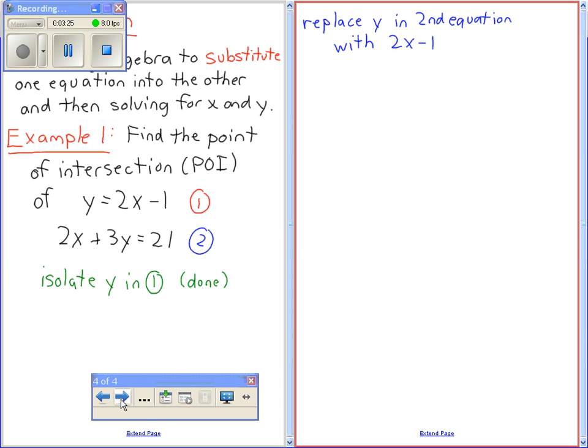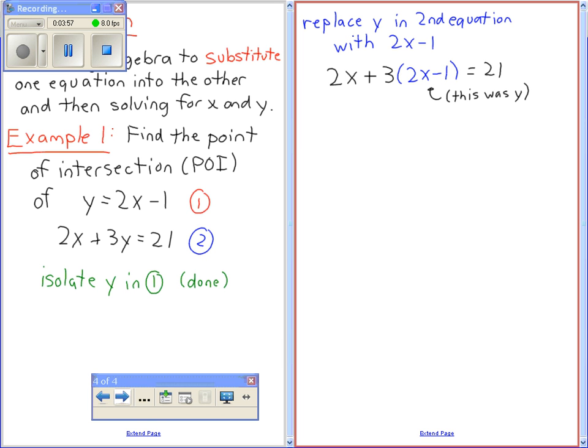So the second equation now is going to be 2x plus 3 times (2x minus 1) equals 21, and that bracket was y. I'm going to give you guys a sec to think that one over. Everywhere I saw a y, I put in 2x minus 1. I got the 2x minus 1 from the right-hand side of the first equation.